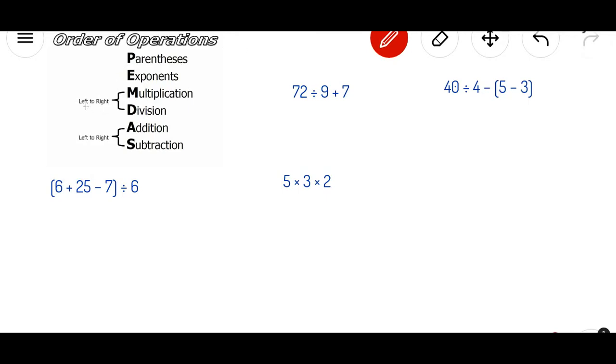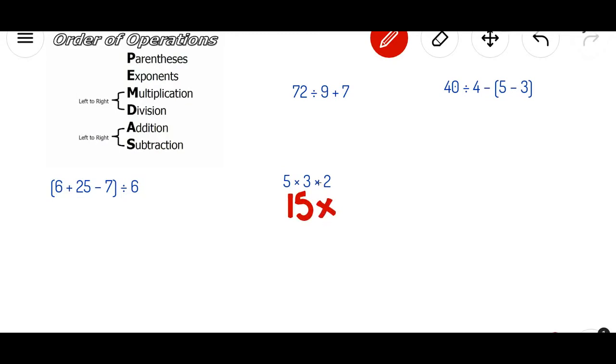Here you'll see that it says left to right, because once you get into a simple problem like this and it's just one rule, you just have to solve from left to right. So let's go ahead and start with this one. Instead of trying to multiply it all out at once or doing 3 times 2, you'll work from left to right. So you'll do 5 times 3, which is 15, times 2.